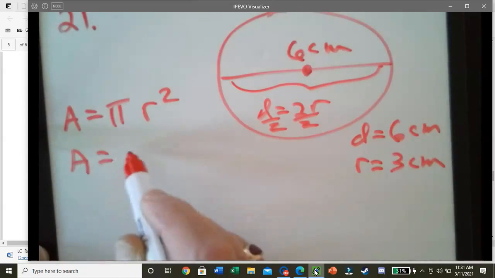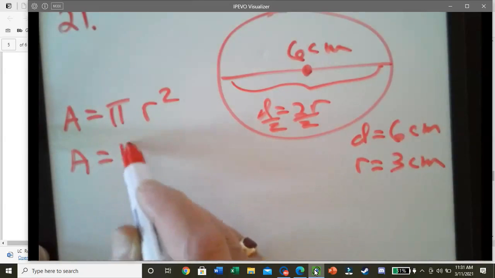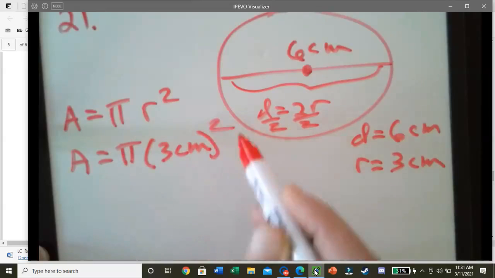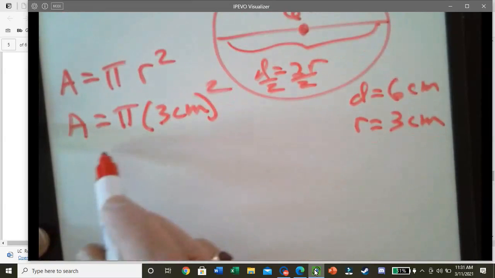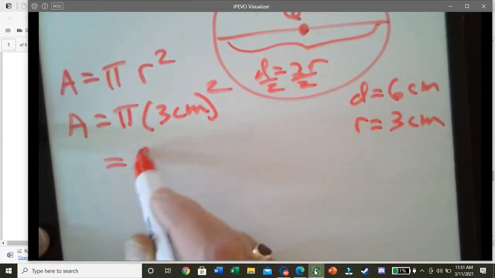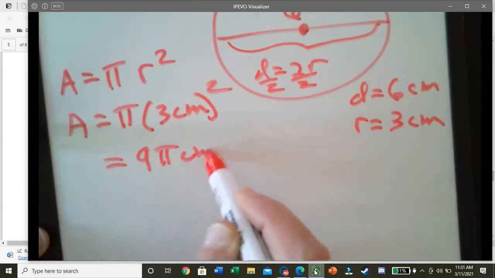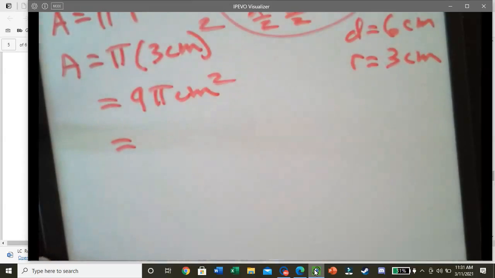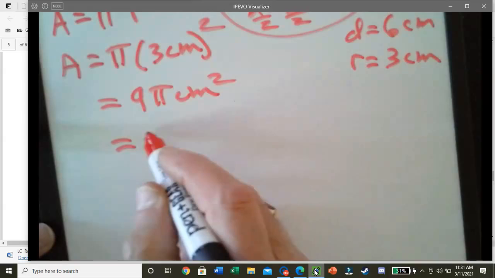So area equals pi times 3 centimeters squared. And so that's going to be 9 pi centimeters squared, in terms of pi. But they probably want us to round that off in decimal, right? So we have to convert pi to what?